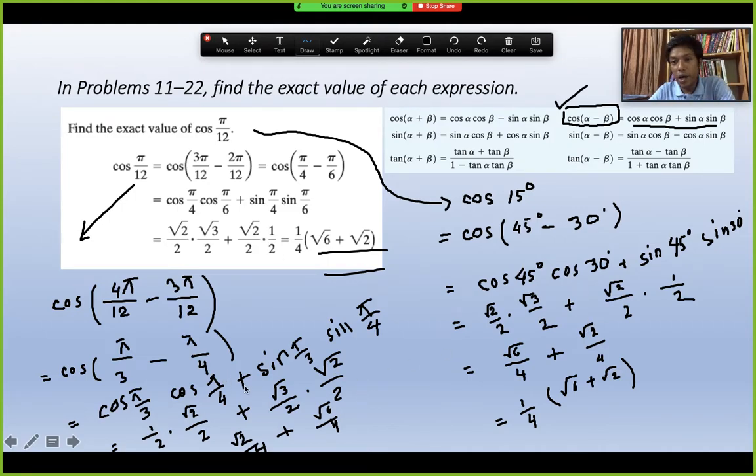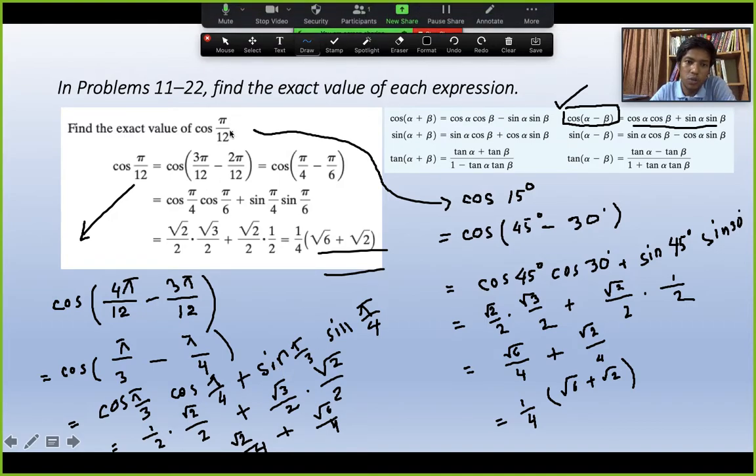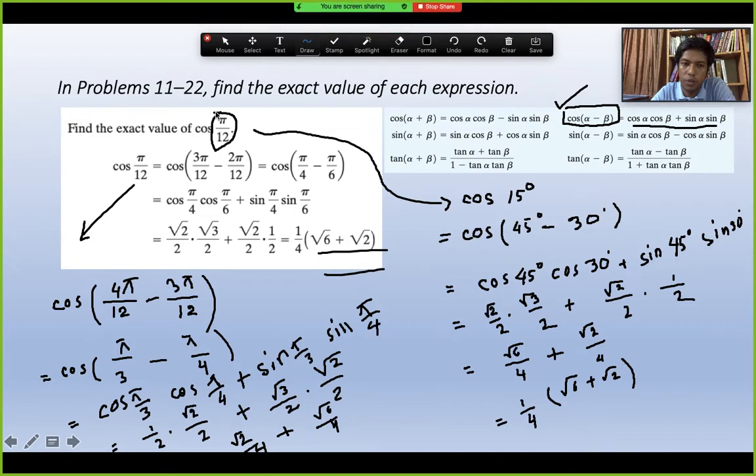So the idea is what? The idea is we have to break this angle down to two different angles, the value of which we already know. Suppose here it is written minus, but in some maths it is possible that if necessary you can use plus also, because we have the plus formula, and we will show you one example of positive maths later in the next slides.